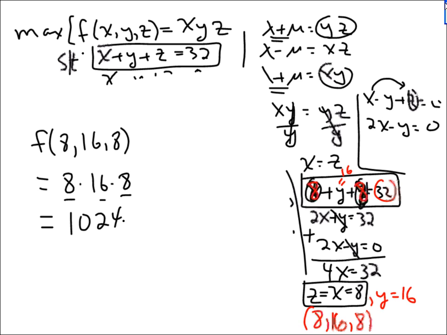And there's the answer. That's the point that gives you the max for f, and that is the max for f. So if they just asked you to find the point, it would stop at 8, 16, 8. If they ask you to find the max value for f of x, y, z, you'd actually have to figure out 8, 16, 8, and then find f of that.